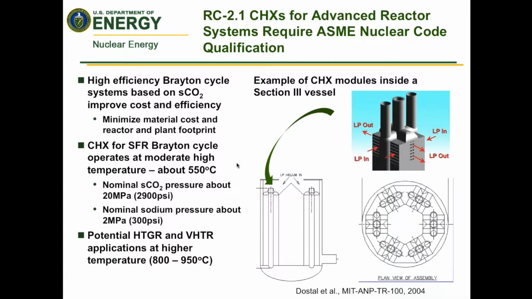The low pressure sodium that comes out of the reactor itself, about maximum 300 psi, would be matched with very high pressure supercritical CO2 at about 550 C in a heat exchanger. It would be up to about 3,000 psi. And so the disparity of a very high pressure drop across the heat exchanger in conjunction with a moderately high temperature makes for complicated design considerations.